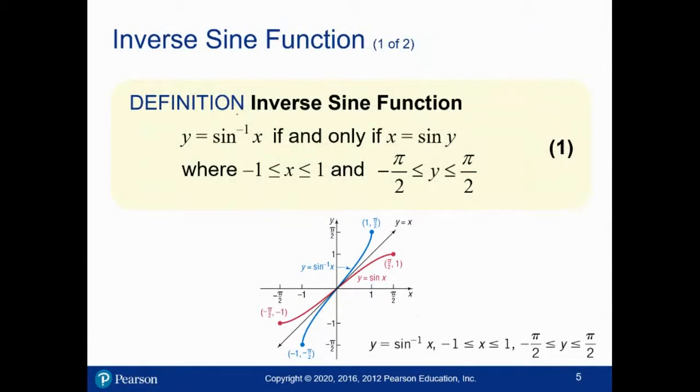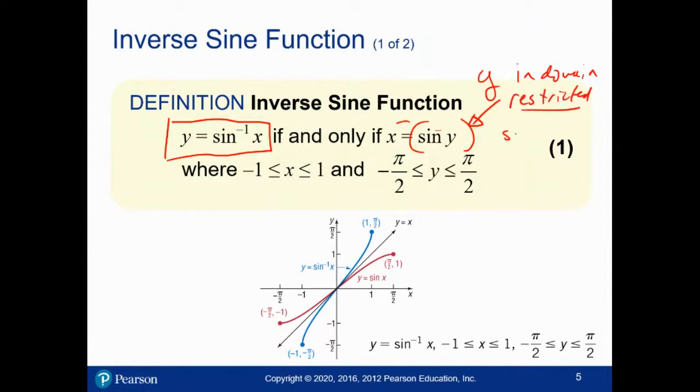So we define the inverse sine function to be the inverse of this function. Specifically, the only thing that we can plug into the function we're inverting, so y, needs to be in the domain, not of the general sine function, but of the restricted sine function, which means y needs to be between plus and minus π/2.